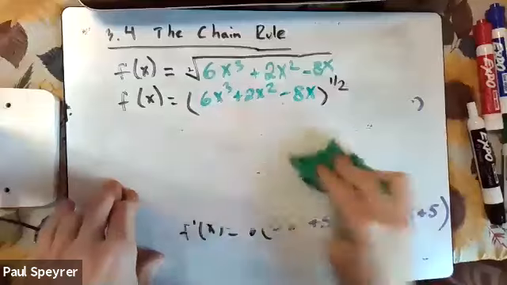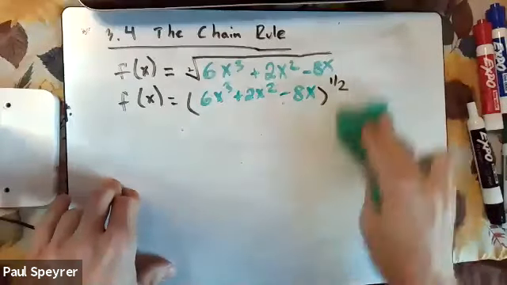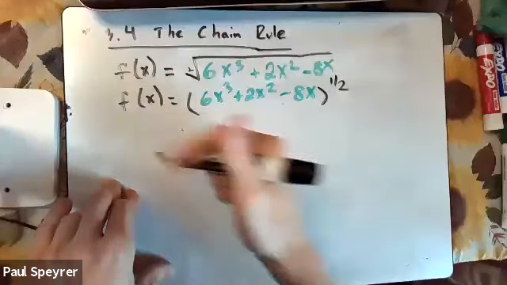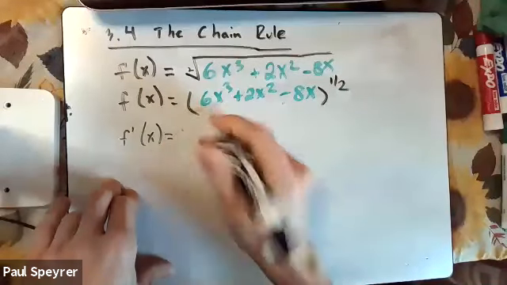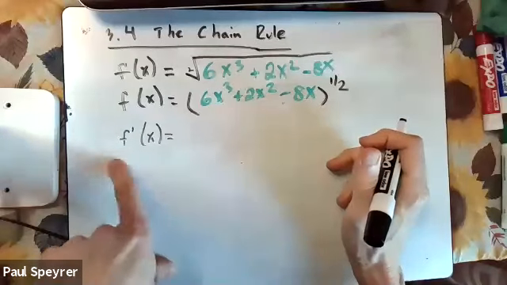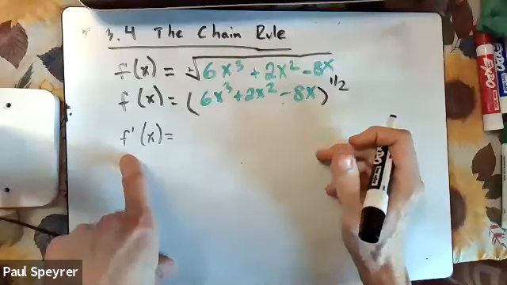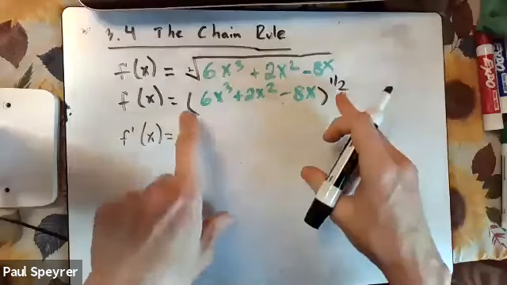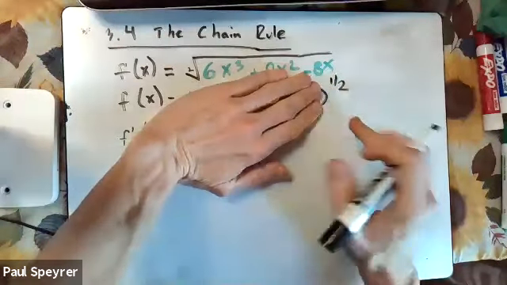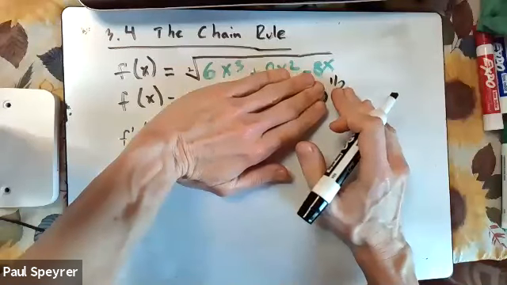All right, so let's see. So f prime of x. How are we going to do that? You have to do the outside chunk first. Now the outside chunk is the stuff to the 1/2, right? It's the 1/2 part. That's the outside stuff. So how do we do that?